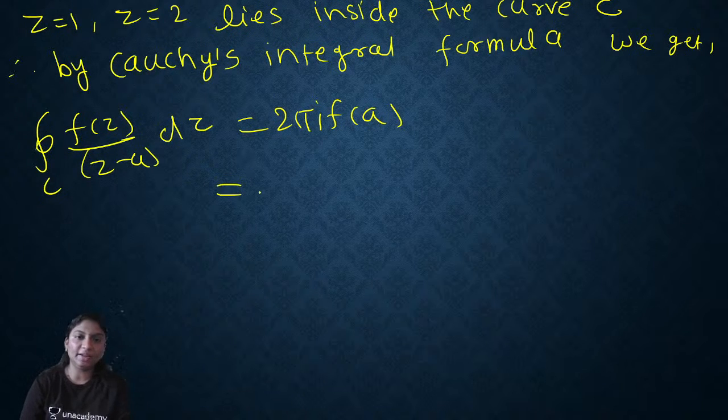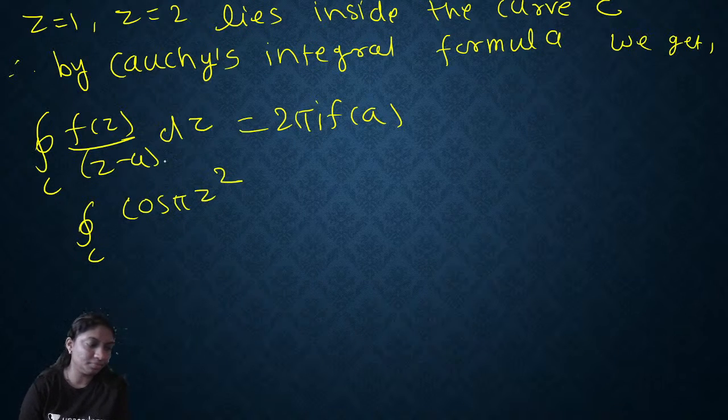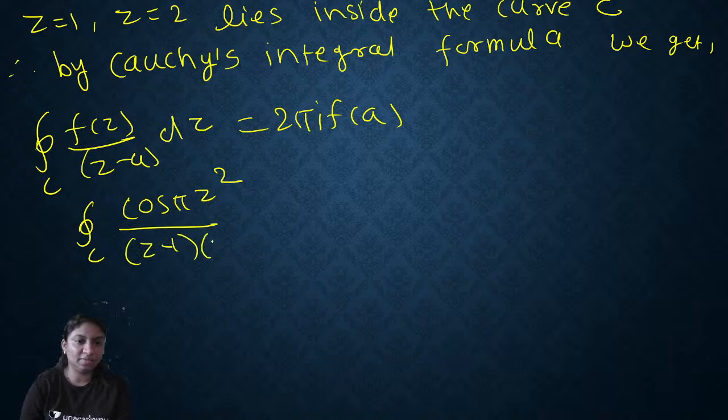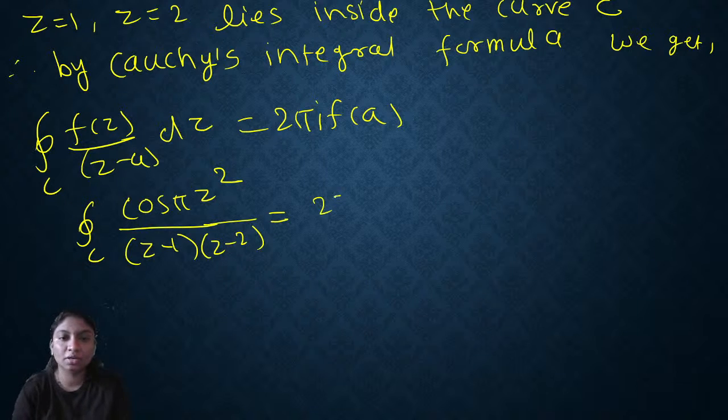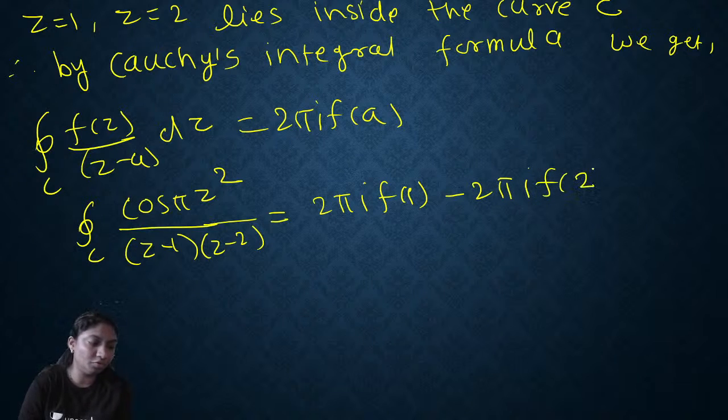So we can write integral over C of cos pi z square upon (z minus 1)(z minus 2) is equal to 2 pi I into f of 1 minus 2 pi I into f of 2.